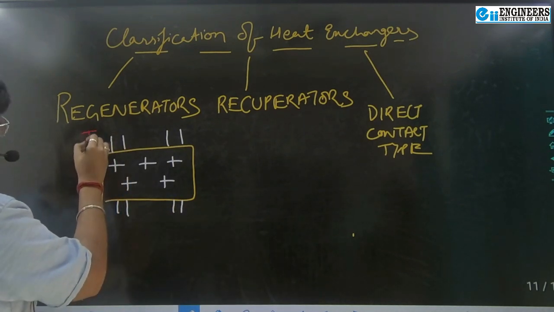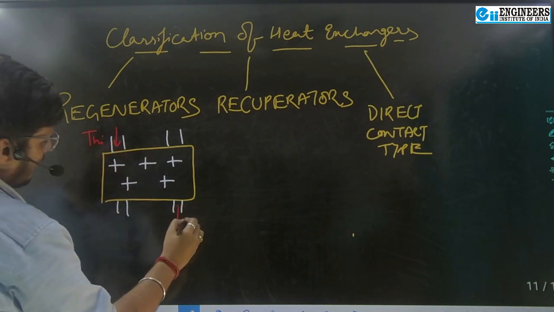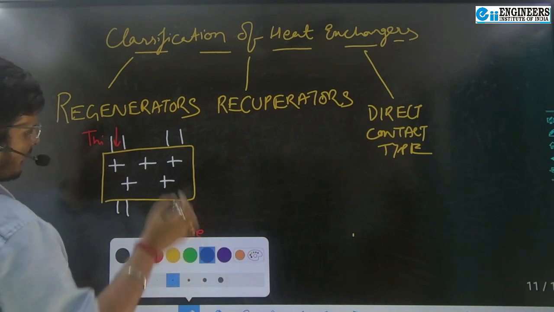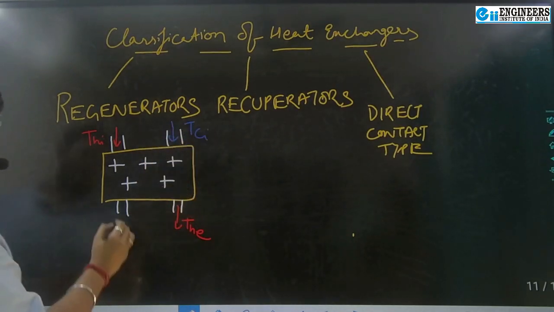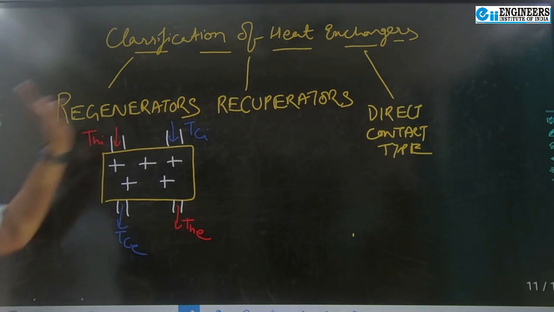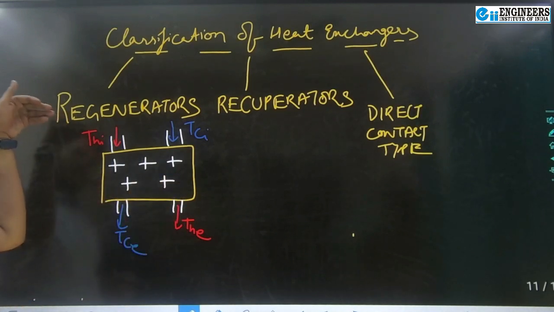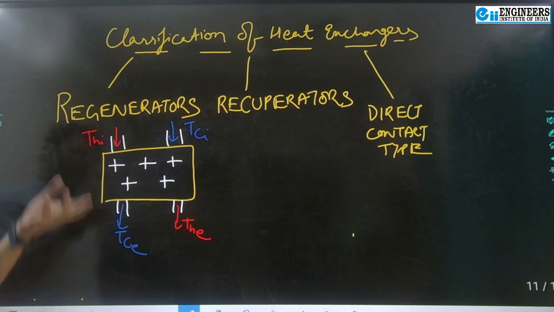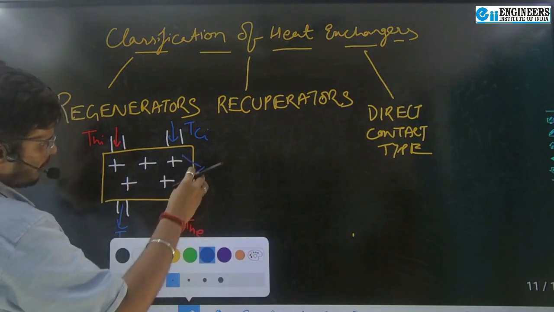Suppose it is Th inlet and this is Th exit, and similarly this is T cold inlet and T cold exit. So it is a system in which the same surface area is exposed to both hot and cold fluid simultaneously, one by one.